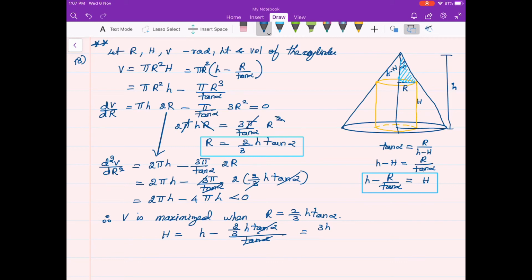Take LCM, 3H minus 2H over 3, which is H by 3. That is what we have to prove. Therefore, height of the cylinder is 1/3 that of the cone.